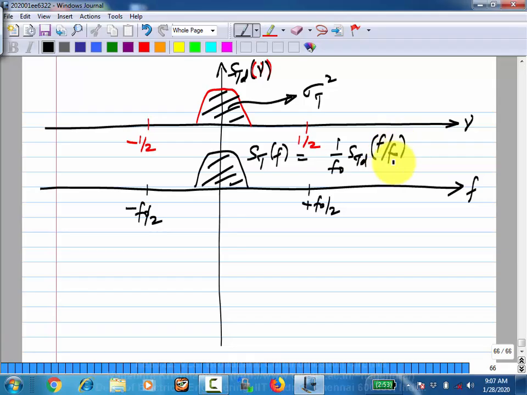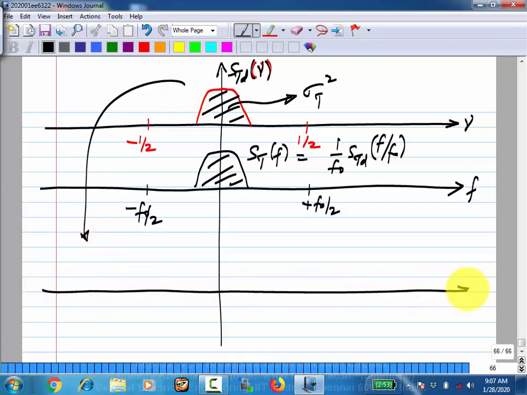So this one, when it modulates an impulse train, that impulse train will have a spectrum. What was that? It was basically 1 by f naught, 1 by T naught times S tau d of nu, with nu equal to f by f naught, right? F by f naught.